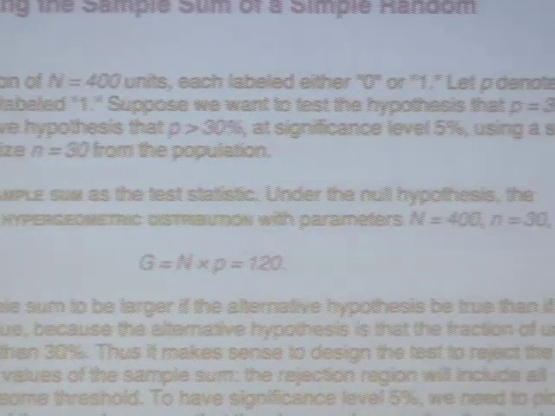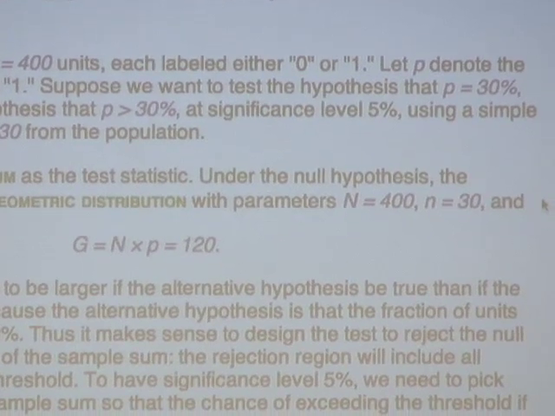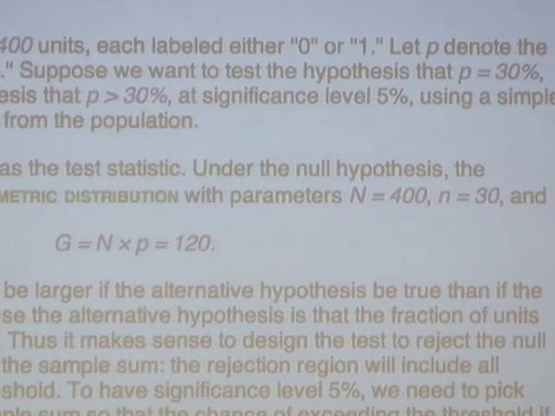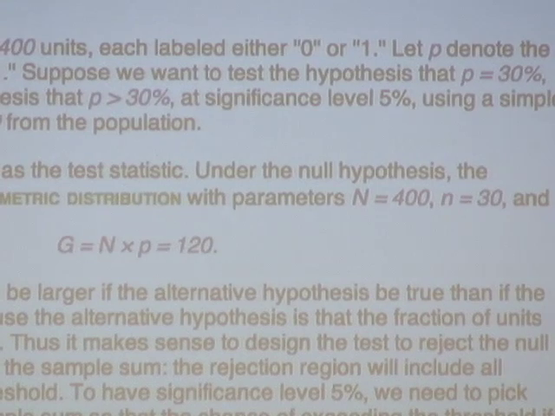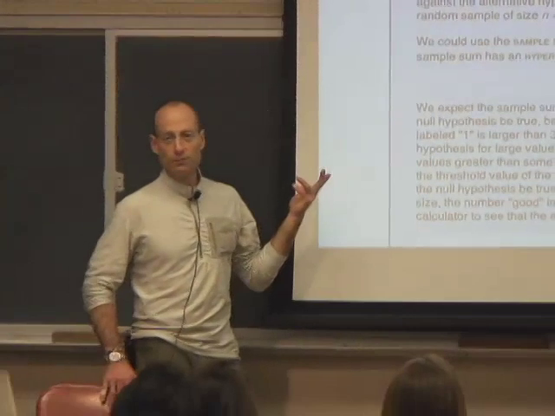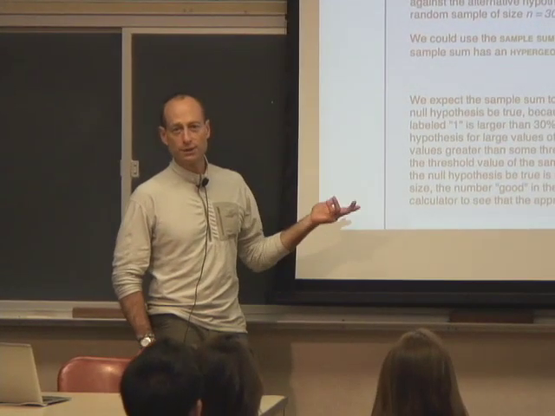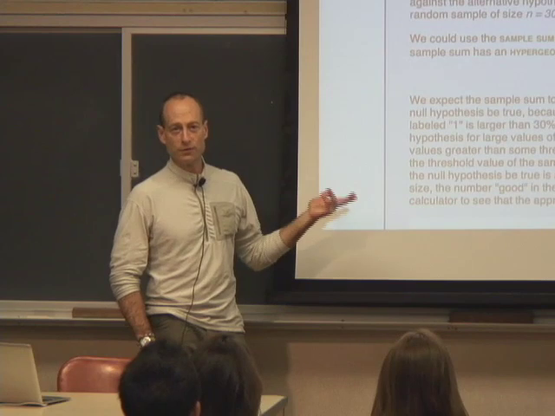So under the scenario that we just mentioned, if the null hypothesis is true, then the number of tickets labeled 1 that I see in the sample has a hypergeometric distribution, right? It's the number of tickets labeled 1 you get in a fixed number of draws without replacement at random from a 0-1 box.